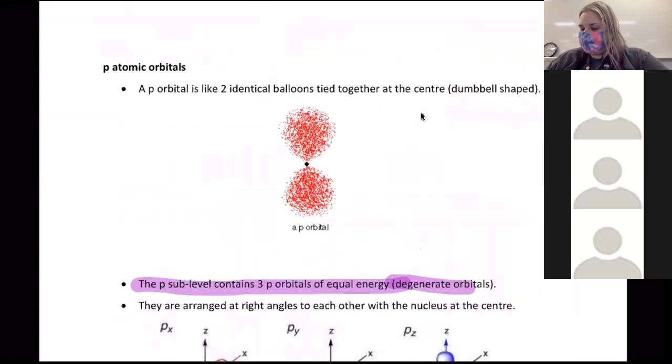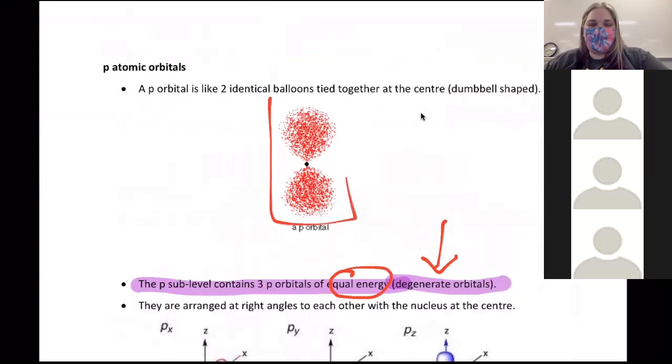The word degenerate just means they're equal energy and they're on the same sublevel, okay? And so a p sublevel is going to have 3 orbitals that look like this. They're clouds called a dumbbell shape. It looks like 2 balloons tied together at the center. They call it dumbbell because if I were to reach in here, I could pick it up in the center like a dumbbell, like I'm lifting weights, okay?